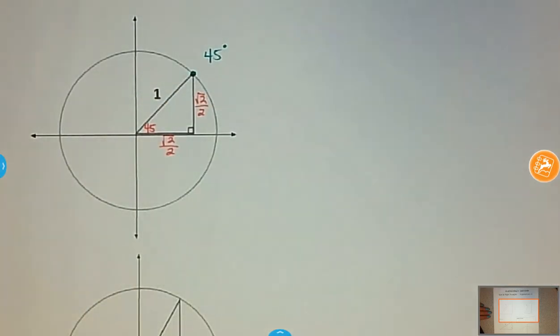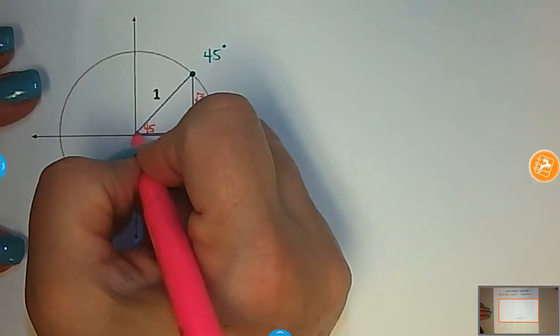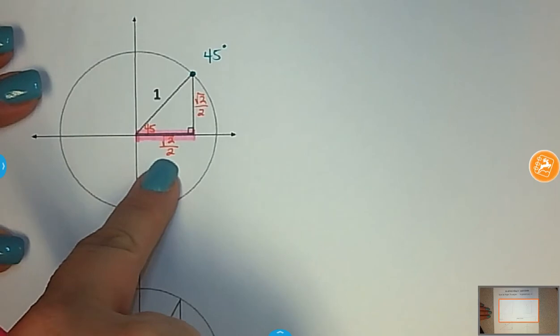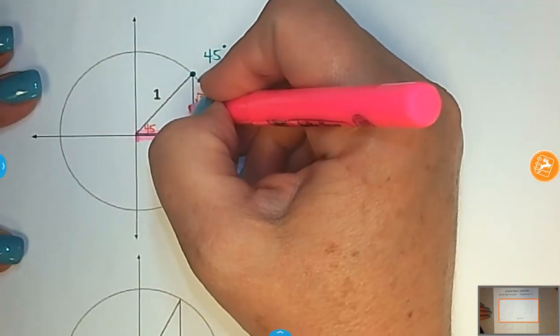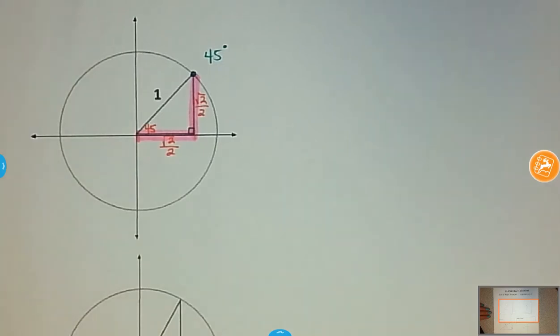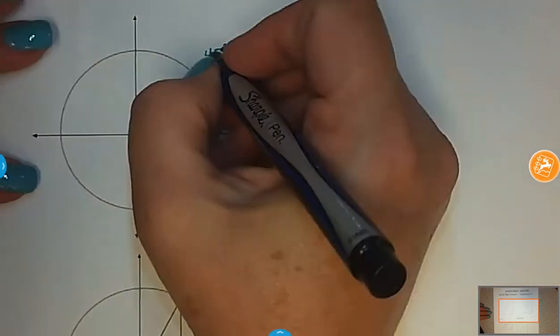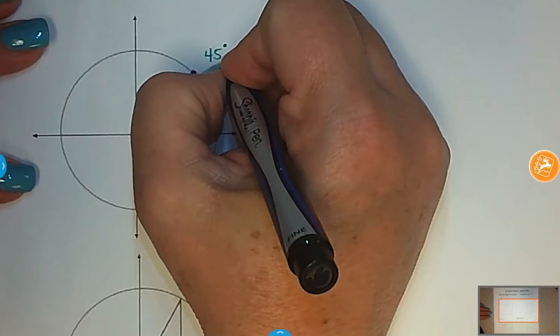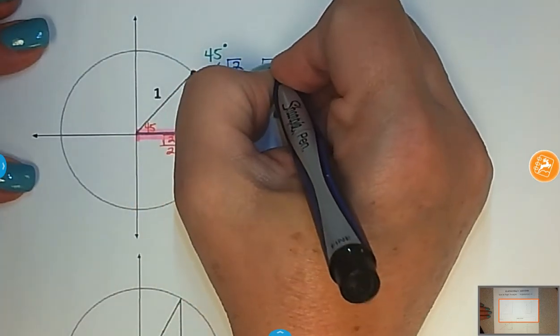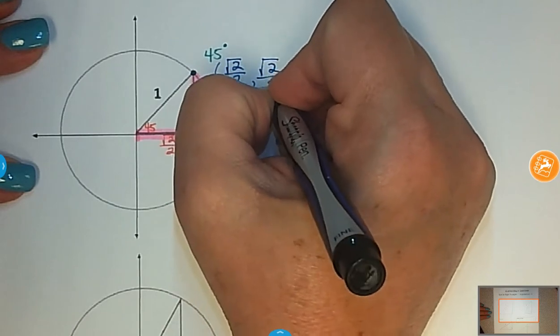So to figure out that ordered pair, let's look. From the origin, I have to go over this amount, and then I'm going to go up this amount to get to the point we were looking for. So that ordered pair is going to be square root of 2 over 2, square root of 2 over 2.